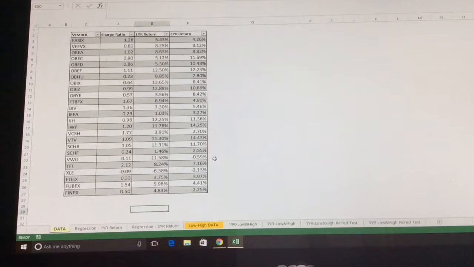So what we're going to do first is a regression analysis to analyze this data.